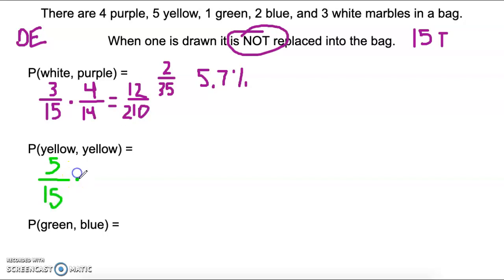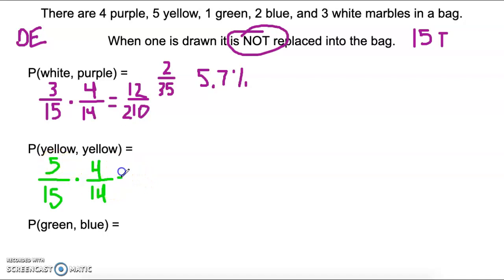But now when we go to do event B, we assume that we took 1 yellow marble out of the bag. So if we took 1 yellow marble out, now there's only 4 possible yellow marbles to pick, and there's only 14 total marbles in the bag. So because these are the same event, both the numerator and the denominator get reduced.